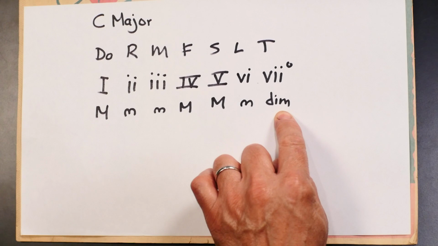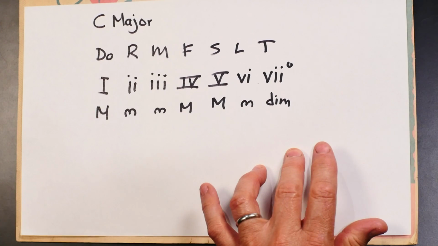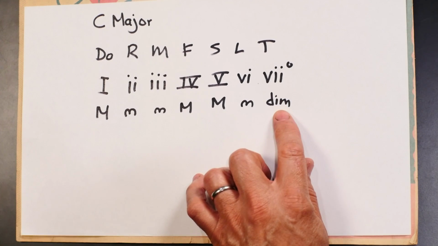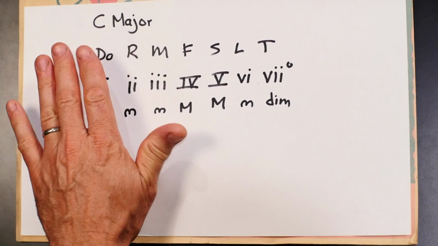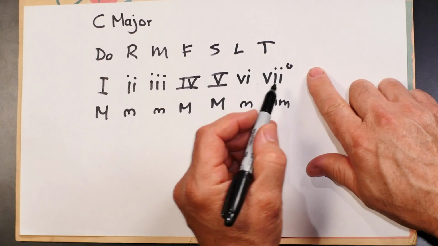And then the diminished chord, if we're sticking with the white keys, is B, D, F, which is diminished, it's got a flat 5, right? If you raise that F to an F sharp, then you would have a minor chord, but it's diminished in the C major format. So this is the system right here.